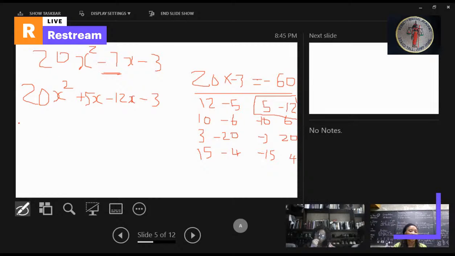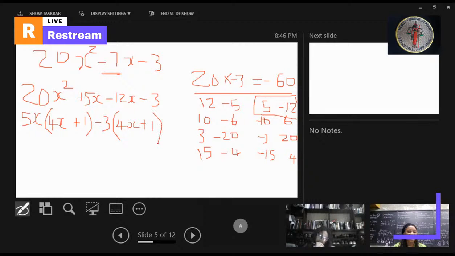So the common factor for 20x squared and 5x is 5x. 5x into 20x squared goes 4x. 5x into 5x goes 1. The common factor here is negative 3. Negative 3 into negative 12x goes positive 4x. Negative 3 into itself goes positive 1.